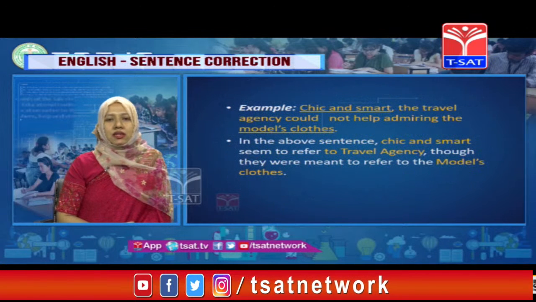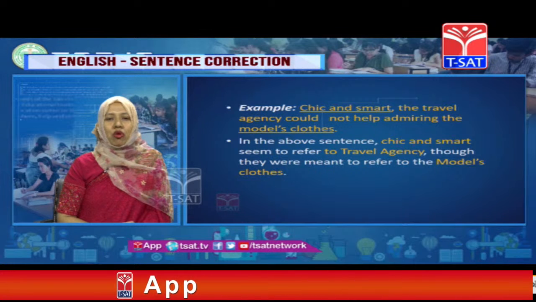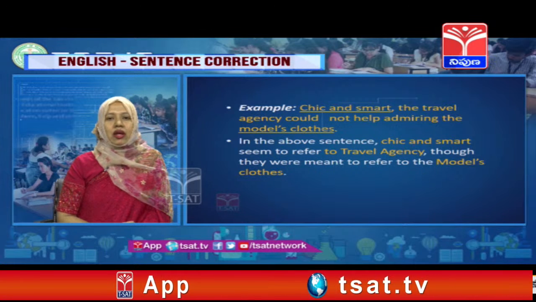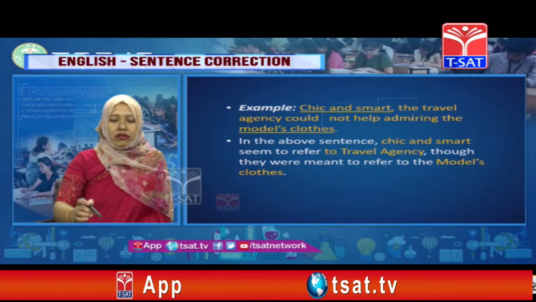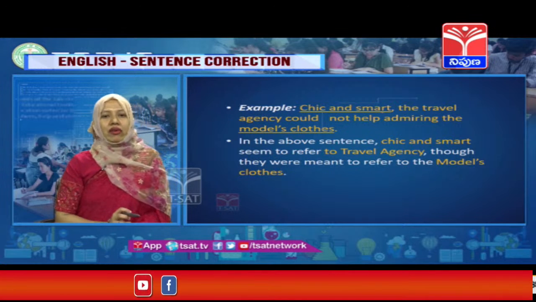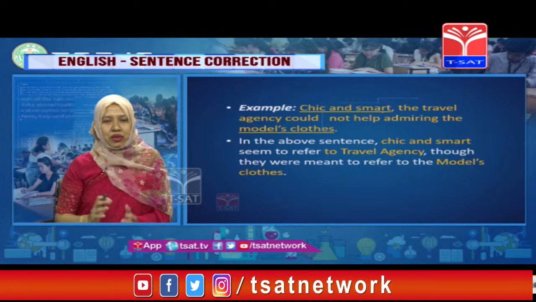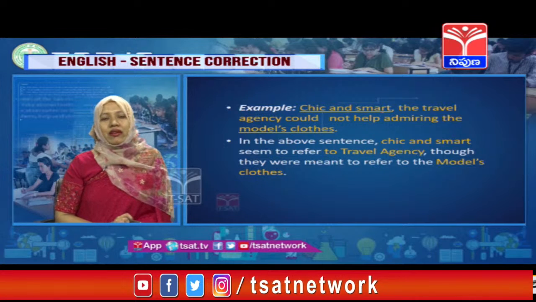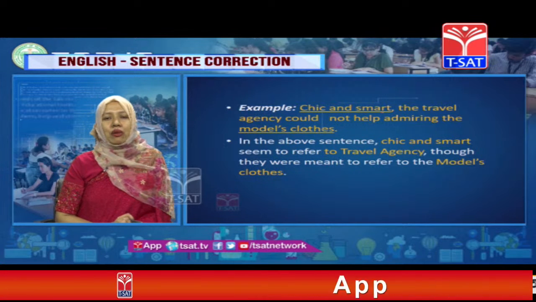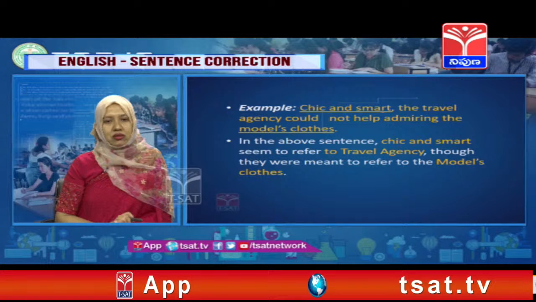Now, chic and smart, the travel agency could not help admiring the model's cloth. Here, in this sentence, chic and smart is underlined. What is chic and smart? It is an adjective, something describing words. The travel agency could not help admiring the model's cloth.